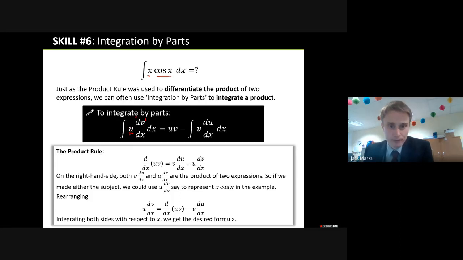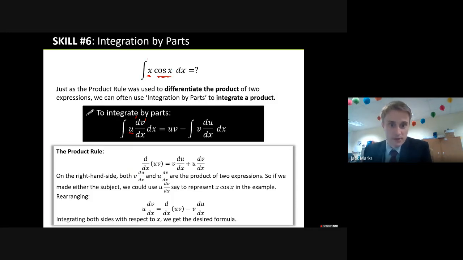The u part, we're going to differentiate, and the dv part, we are actually going to integrate. And I'll talk to you about how you can pick which one's which in a moment. But essentially, we look at this and we think if one bit differentiated and the other bit integrated would work well, that's what we want to use, integration by parts.